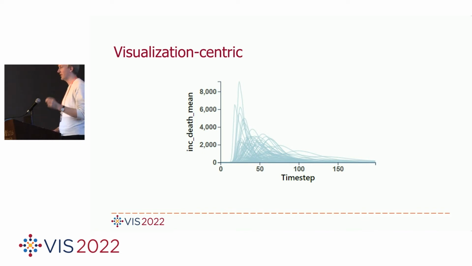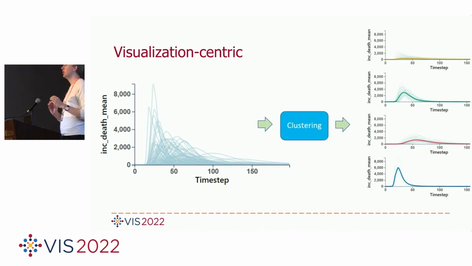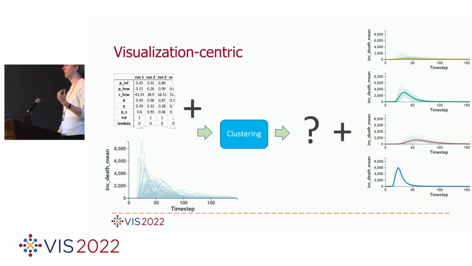So what we do instead is we use clustering to group the curves into a limited number of clusters. So then you can reason about what makes curves end up in this cluster and not this other cluster. So you only have to reason about, in this case, 4 clusters instead of 200 curves. The question then is, how do you show the input space along with this? Since just showing the output space doesn't give you any idea of the sensitivities in the model.